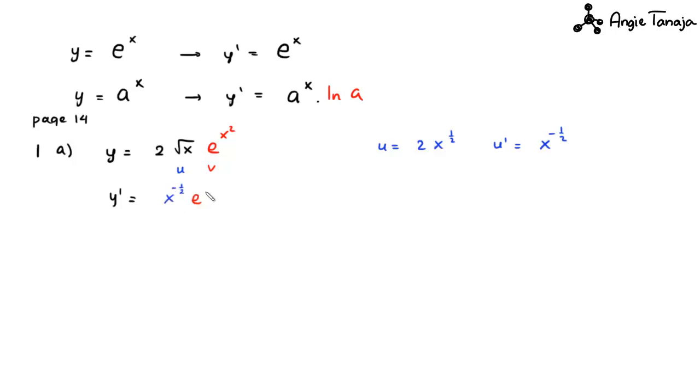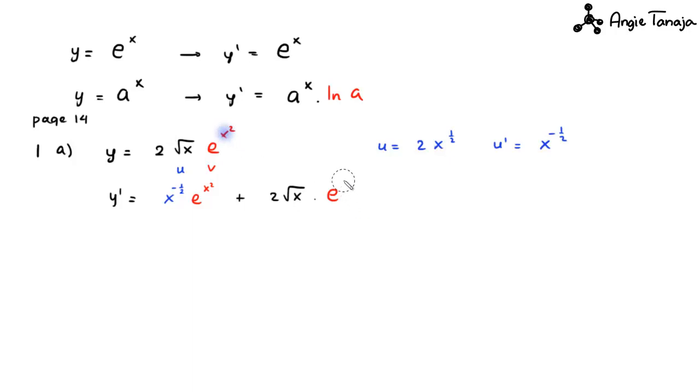v plus u times v prime. Our v prime is e to the x squared, so you just think that it is e to the x. The derivative will be e to the x, right?